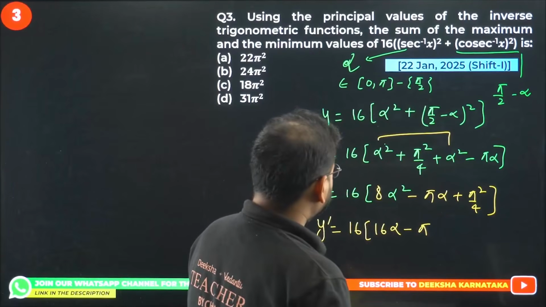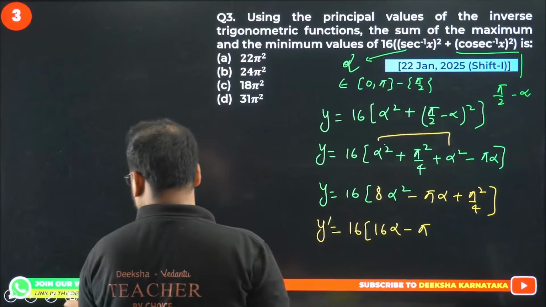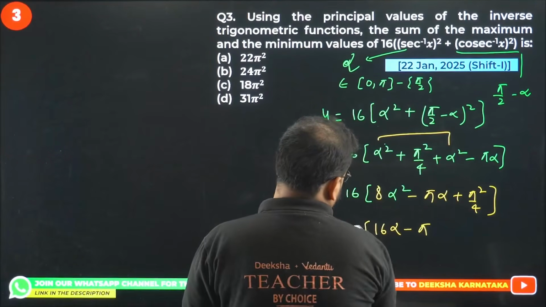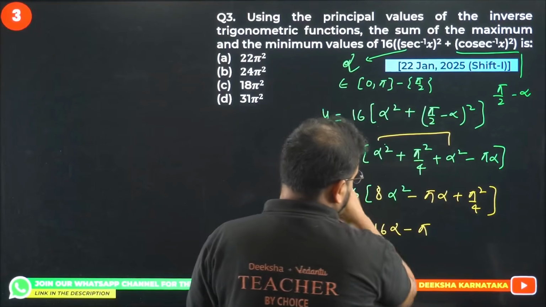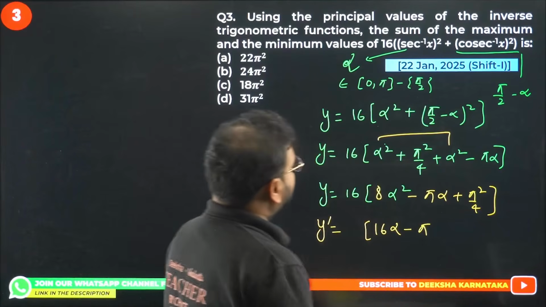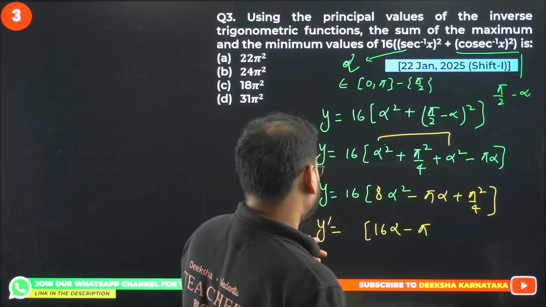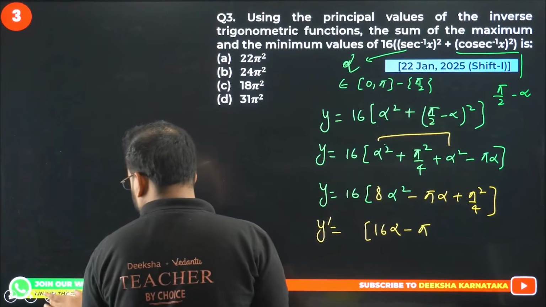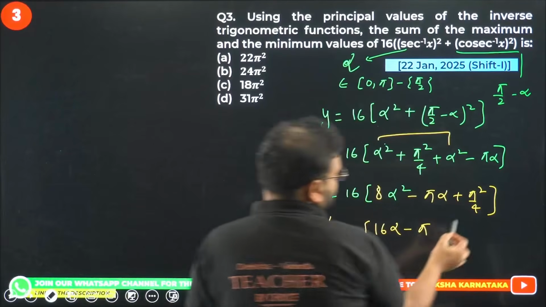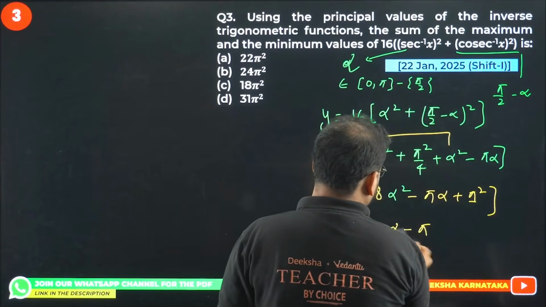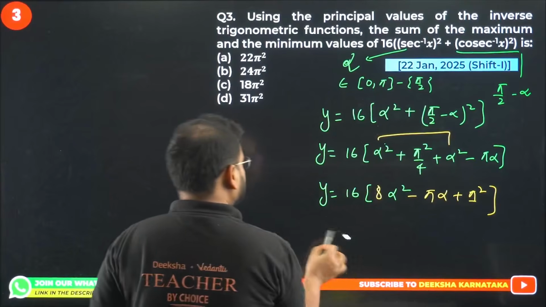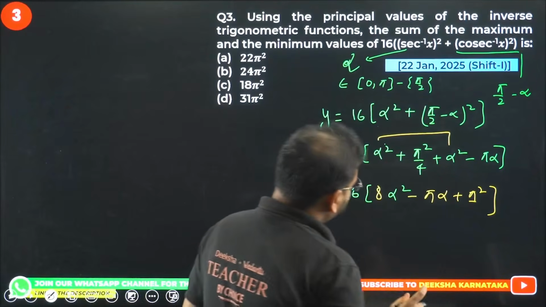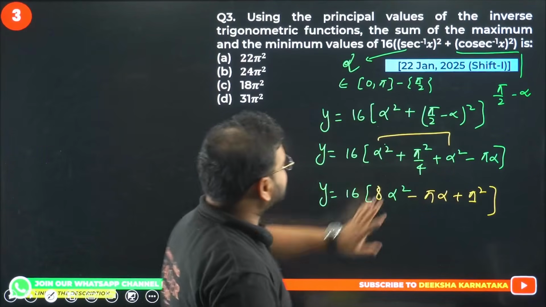Okay, 1 second, I think I have made some mistake. I'm taking the LCM as 4, right? I'm taking 4 multiplication. The function itself is wrong. I have to correct that. I've made a calculation mistake. So this will become 4 alpha square.